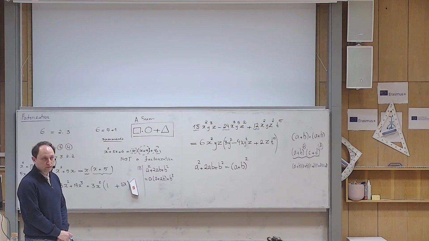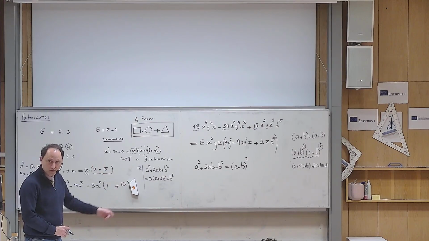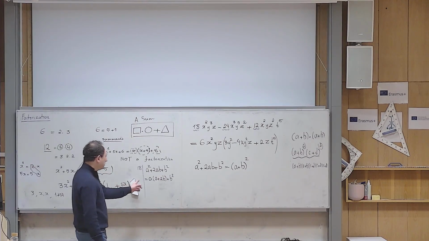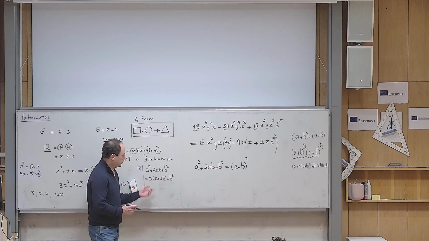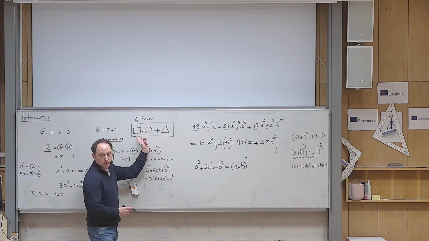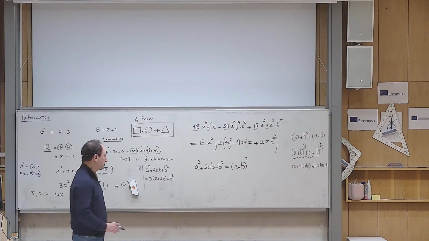Yes or no? No. Is it wrong? No. It is true, but it is not factorization. Why is this true? Because when I multiply that, it becomes a squared, 2ab, and then plus b squared. So this is true, but that is not factorization because it is of this form. It's not a product, it is a sum. Yes, is that clear? Okay.